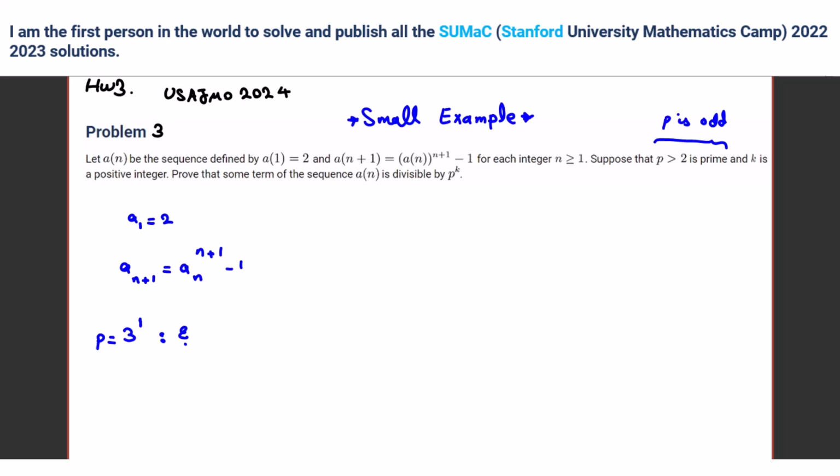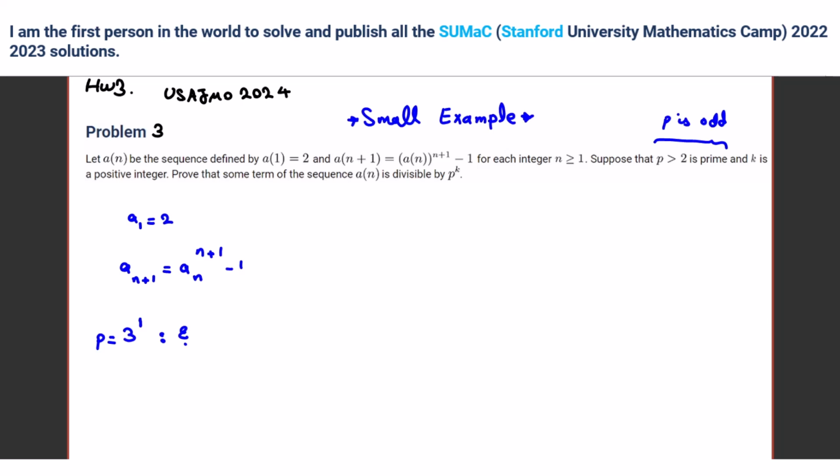I think after at least 2n steps, 3 to the n will be divisible, but not less than that. After 2n, 3 to the n will divide a of 2n.